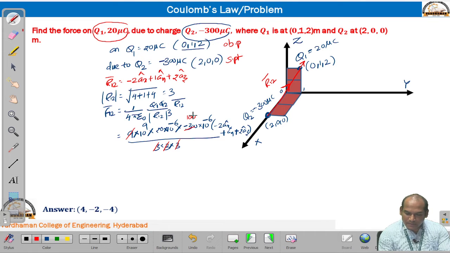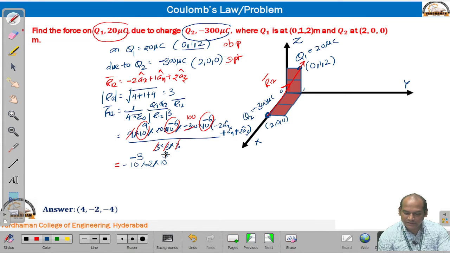So, this is 10 power 9, 10 power minus 6, and 10 power minus 6, which is 10 power minus 12. That means 10 power 9 times 10 power minus 12 gives 10 power minus 3, and here 20 into minus 100 is minus 2000, which can be written as minus 2 into 10 power 3.